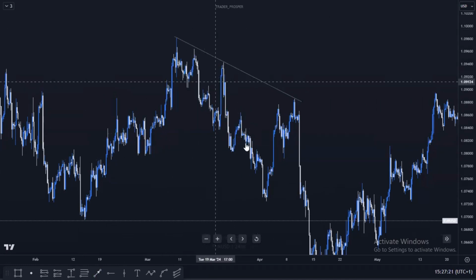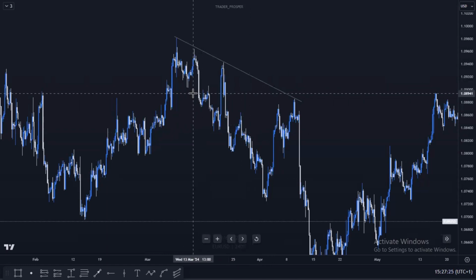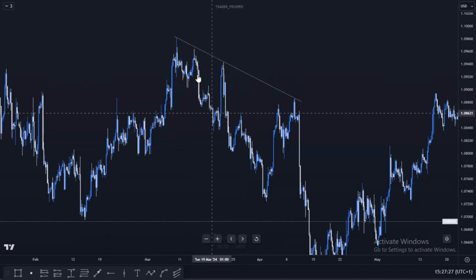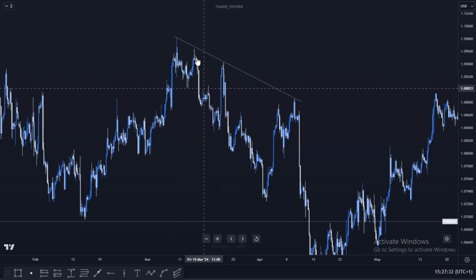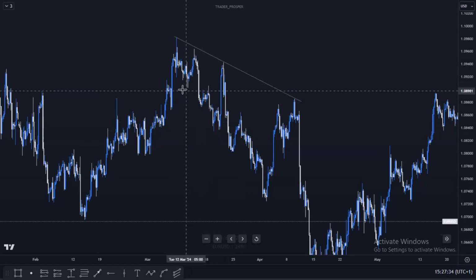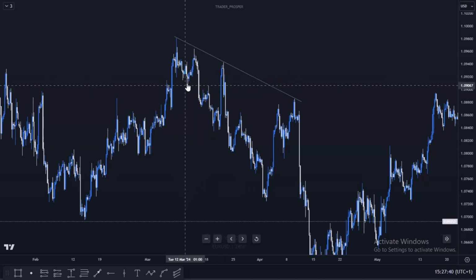So how can we draw this zone? We want to see an impulsive move downward that is causing a BOS. This was the impulsive move downward that caused this break of structure here, because this was a previous higher low that was formed here.